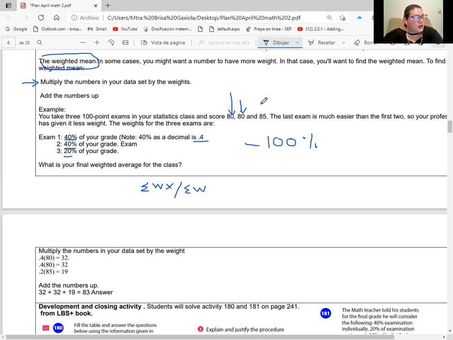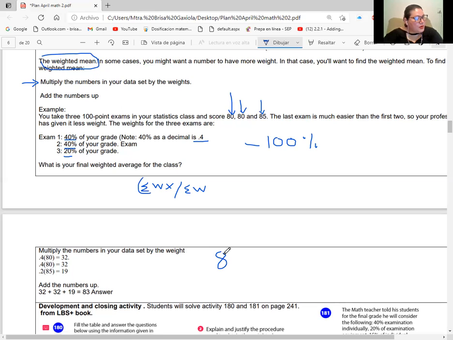The third element is 85, so you multiply by the weight, which is 20% of the total weight. So you multiply the decimal, 0.2 times 85. And when you have the three quantities, you add them up because it says that is the summatory. So we add them and we get 32 plus 32 plus 19 is 83.